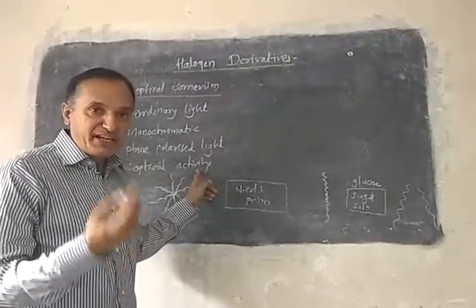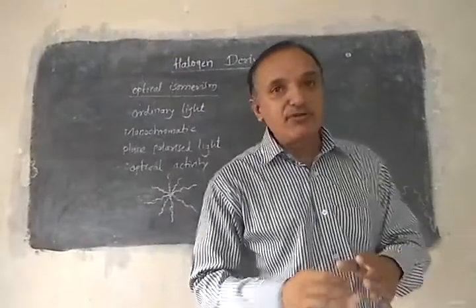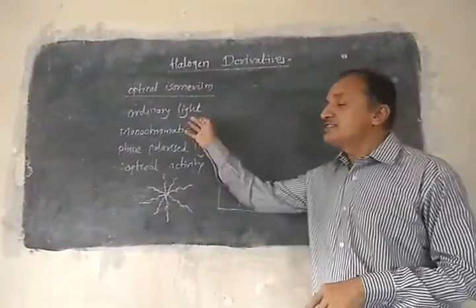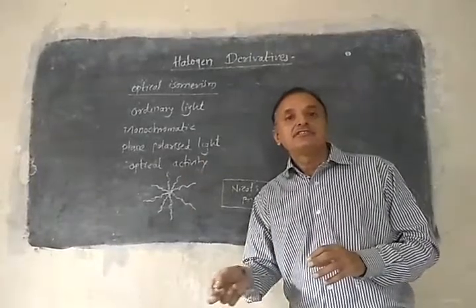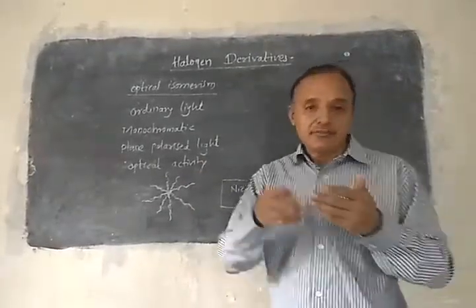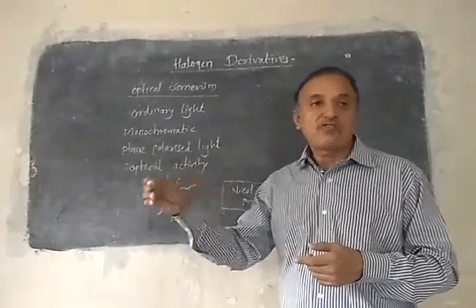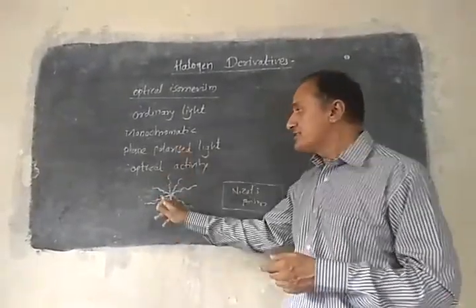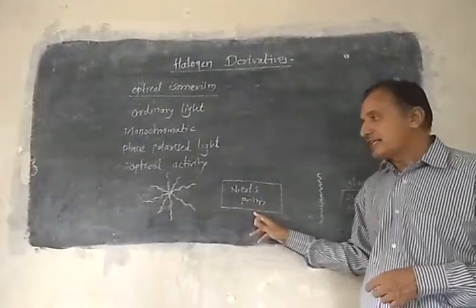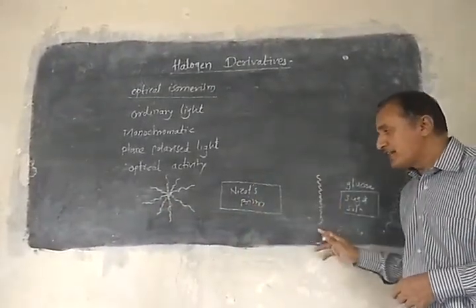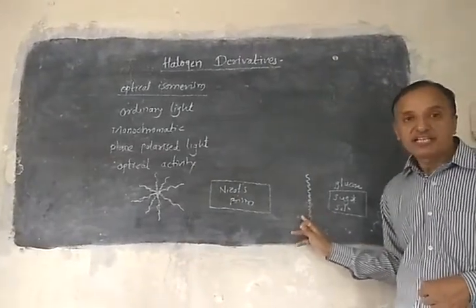I will repeat it again now. Ordinary light is light of different wavelengths, where the rays vibrate and oscillate in all directions, perpendicular to the propagation of light. When this light is passed through the Nicol prism, it vibrates only in one direction, so this light is called plane polarized light.